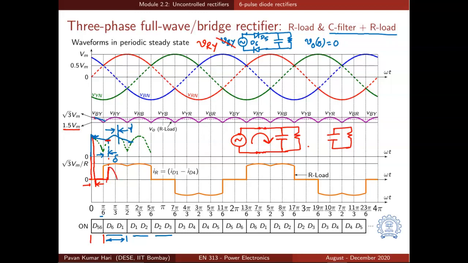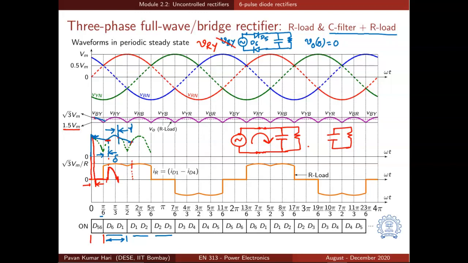It is Vm by R sin omega t plus the capacitor current omega C Vm cos omega t. It follows that kind of shape, and the diodes stop conducting at pi by 3 plus gamma. In this interval, no other diode can conduct, so the voltage falls exponentially, as we have explained.